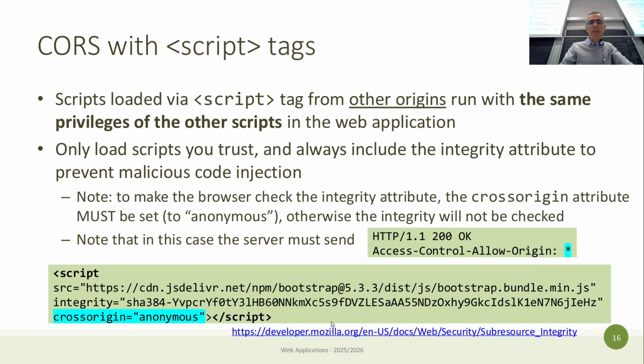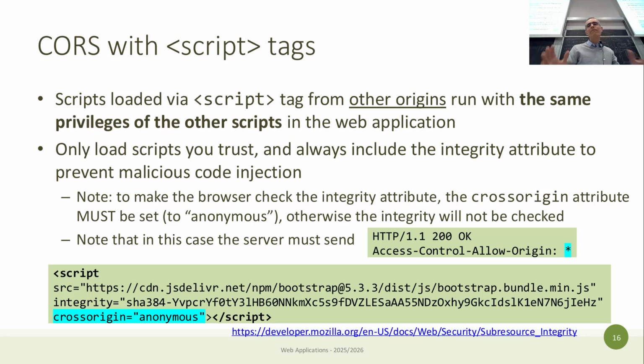And that's also why we need to include these attributes, crossorigin anonymous. We included them in the past when we saw this, because it says, be careful, it's a cross-origin, and check the integrity. Again, this is an issue because in the past, we were used to loading code without doing this check.